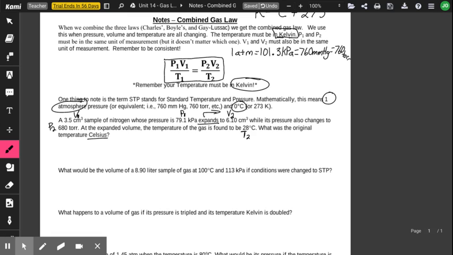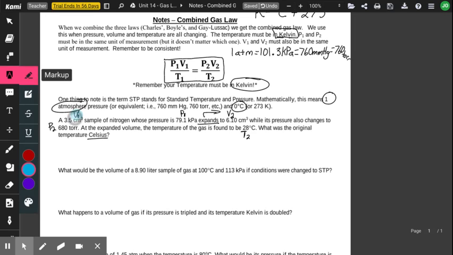So let's look at our numbers and make sure everything matches up. First, I've got volume right here and volume right here. The one on the left is in centimeters cubed. The one on the right is also in centimeters cubed. So we'll keep them as they are. We don't have to change anything there.